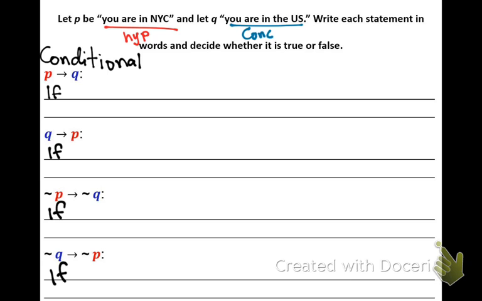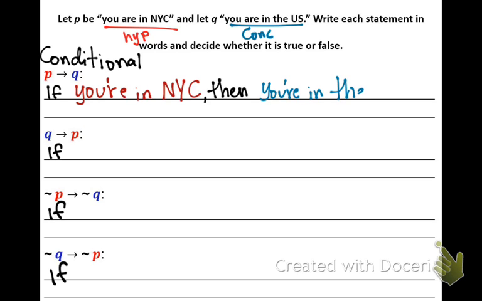If you're in New York City, what's the very next word going to be? Then, and then we're going to say you're in the U.S. And then we have to decide if this is true or false. So if you're in New York City, are you in the United States? Yes, you are. That is true.